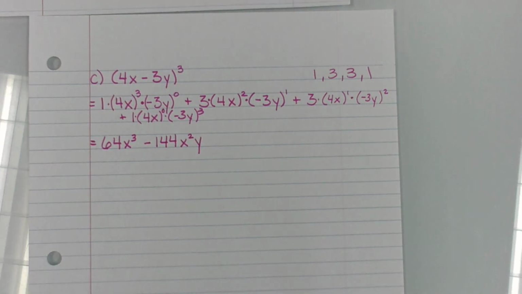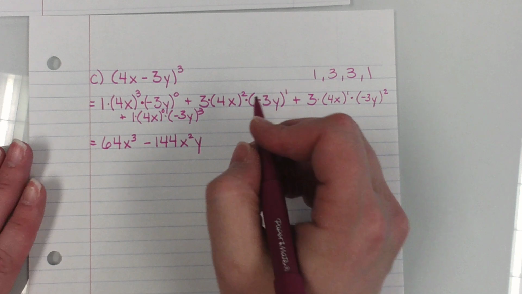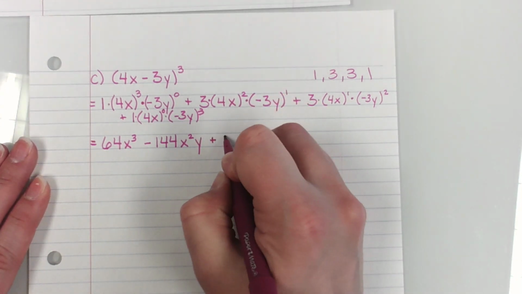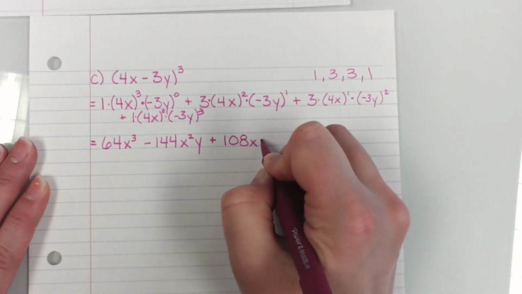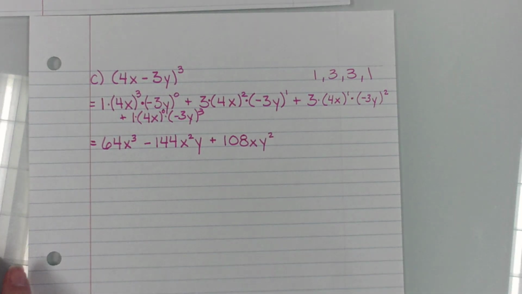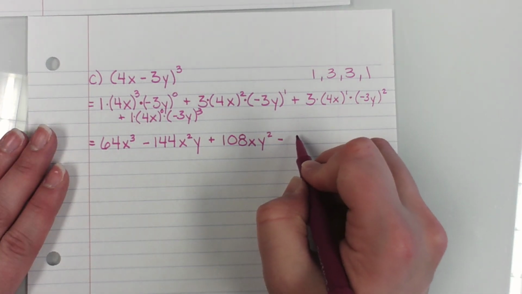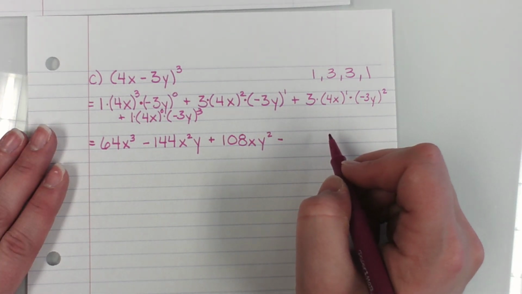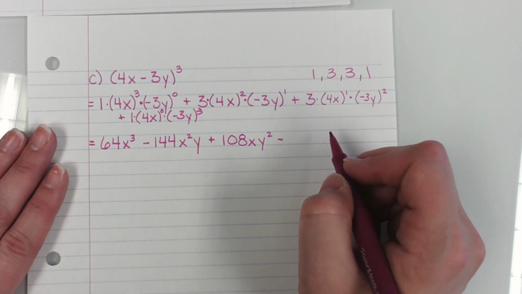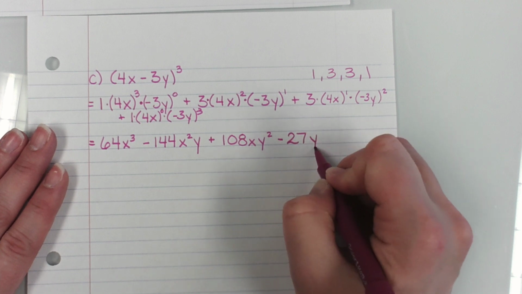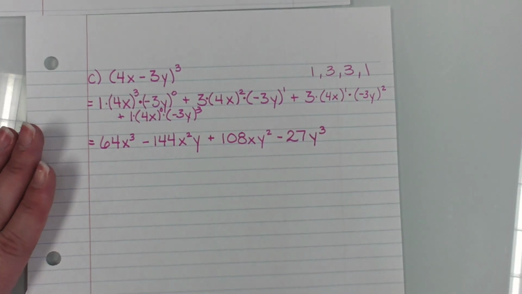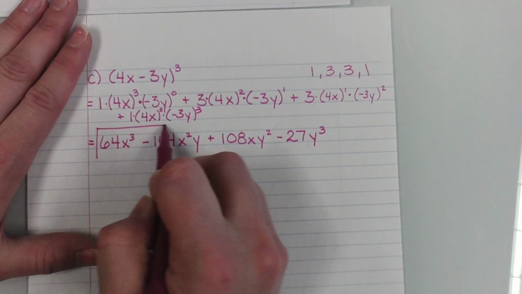Perfect. Lainey, what about our third term? Plus 108 x to the first, or just x, y squared. John, what about the last term? Negative 3 cubed, so negative 27y cubed. There's no x's on that one? No. It's to the 0th power.